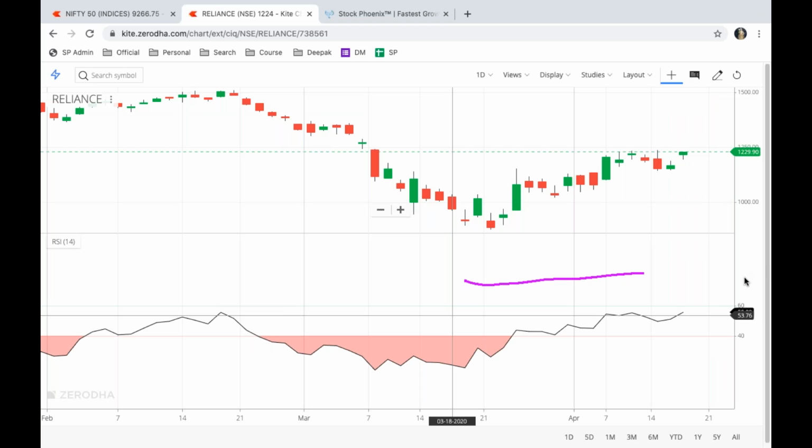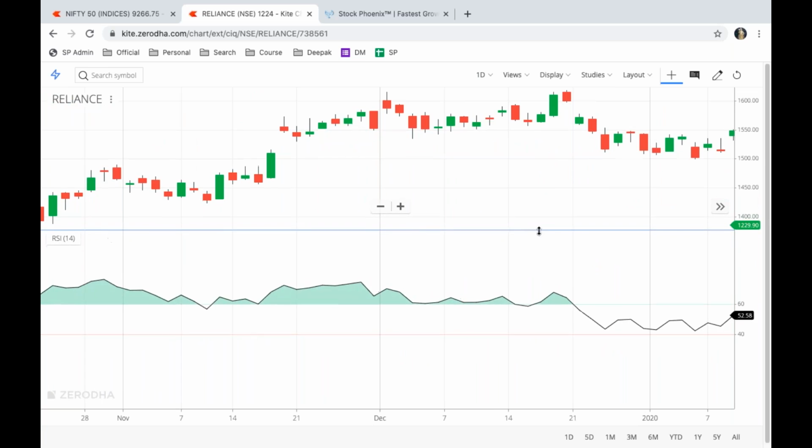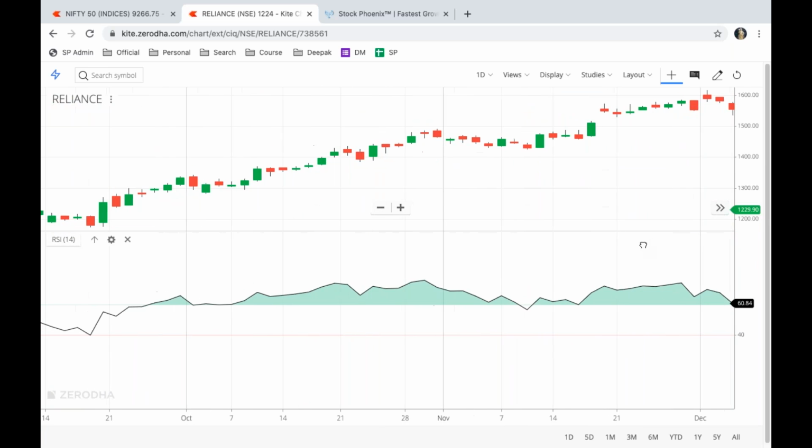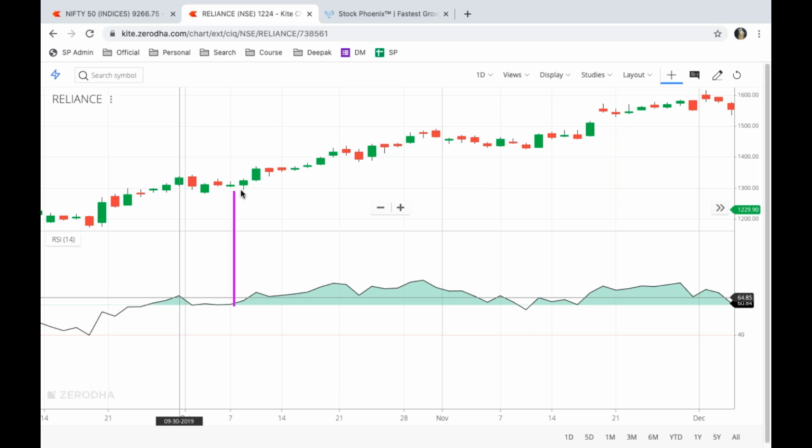Say, for example, you are making an entry here. No need to wait till this place. When you see a sharp bend itself, you can book profits.